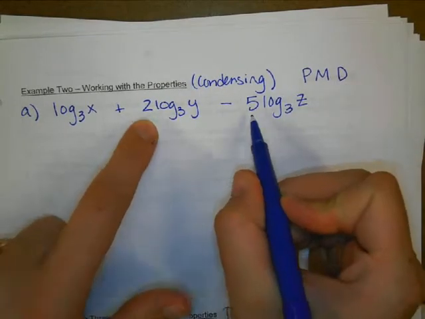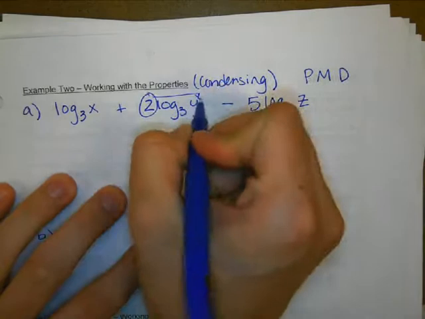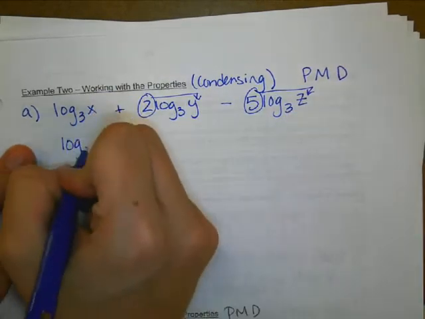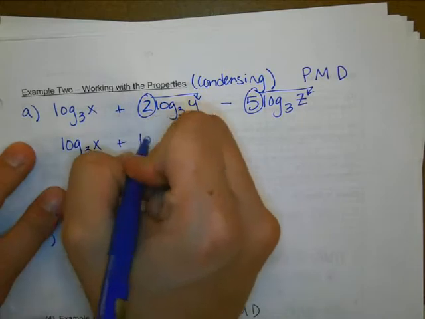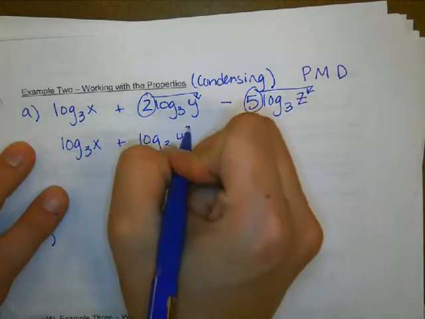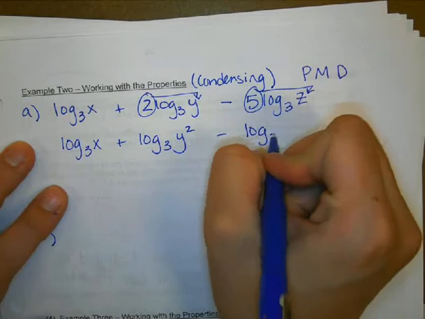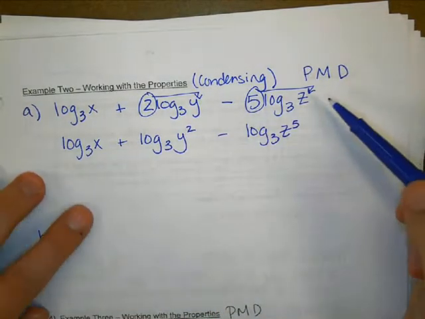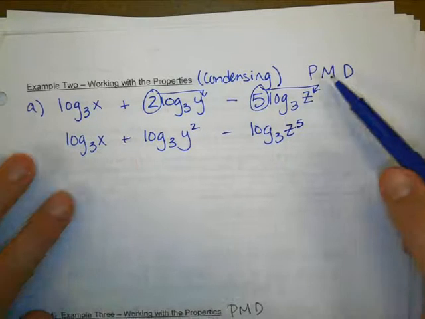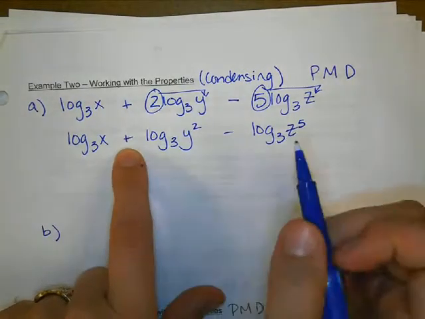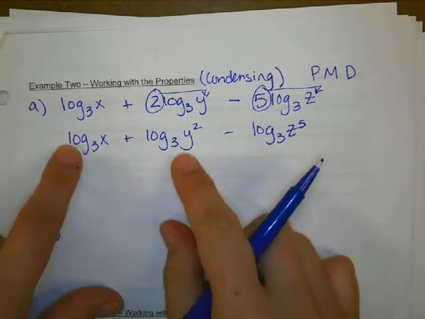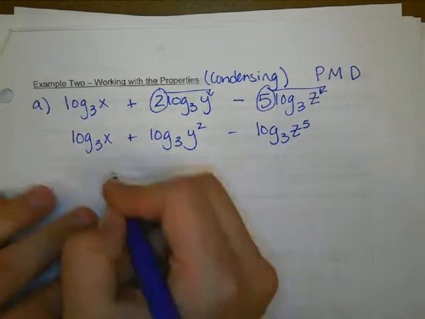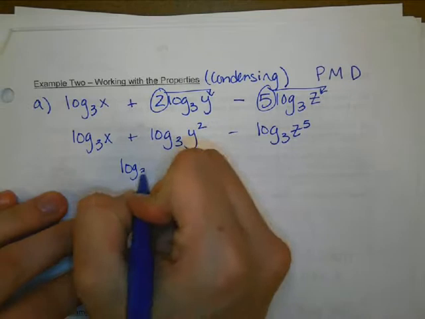So I'm going to make the 2 an exponent again and the 5, and then rewrite it. Okay. Then I look for multiplication. Well, I know things are being multiplied if there's an addition sign in between them. So to condense these two logarithms into one, I'm going to multiply their arguments together. So we have log base 3 of x y squared.